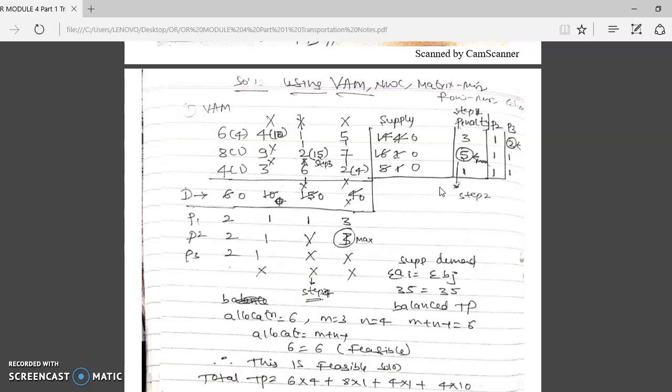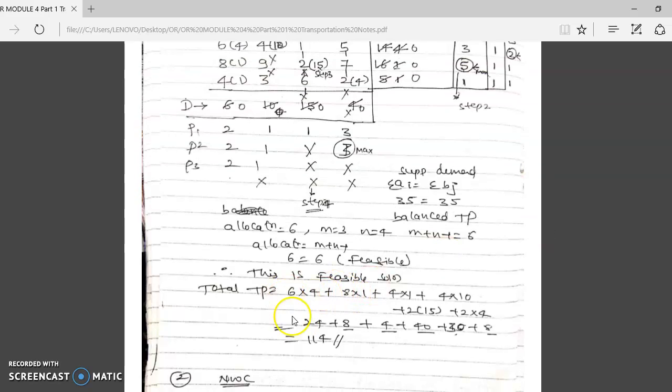Then stop the iteration. Okay, so the allocations we got are 1, 2, 3, 4, 5 and 6. Now the number of allocations equals 6. m plus n minus 1 equals 6, so it is a non-degenerate basic feasible solution. Then add them all, and we get the answer, which is 114.